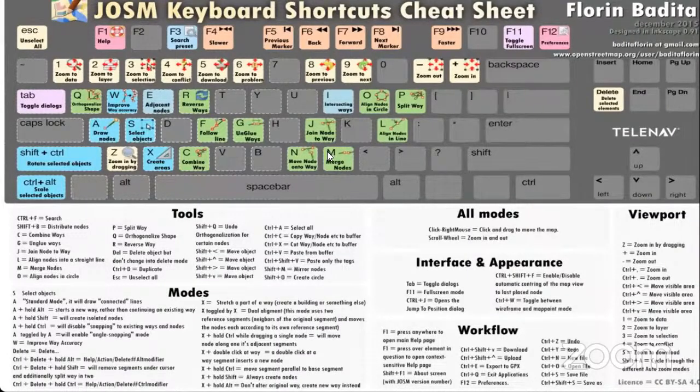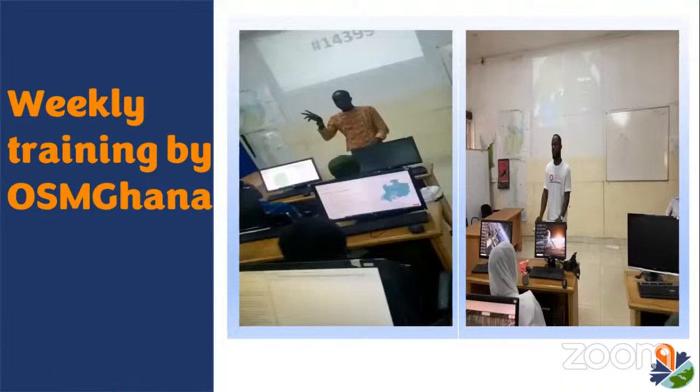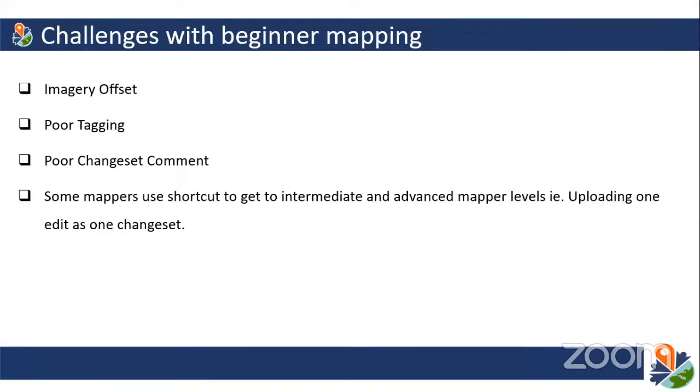Thank you very much. So I'll continue from where Lindsay ends then. As part of the challenges that Lindsay mentioned, that's the imagery offset, and poor tagging and poor change set comment.